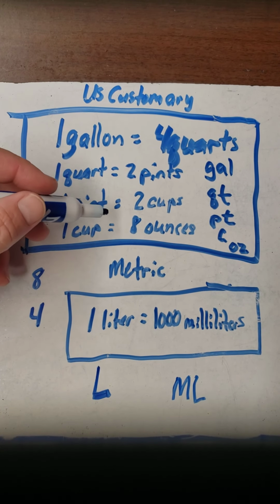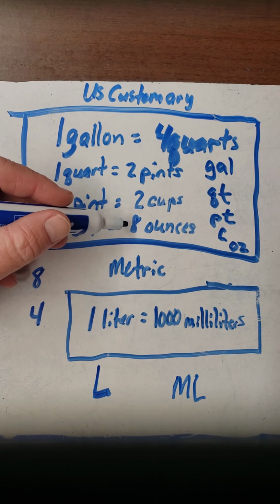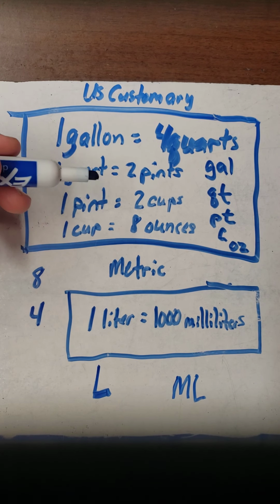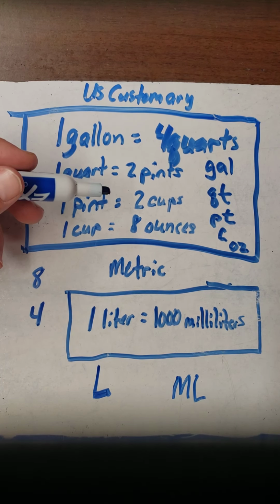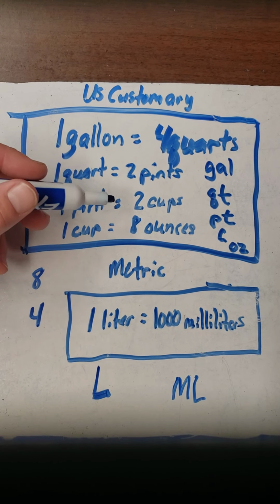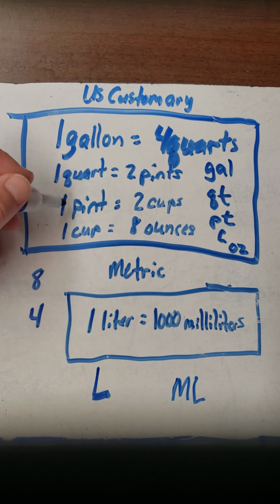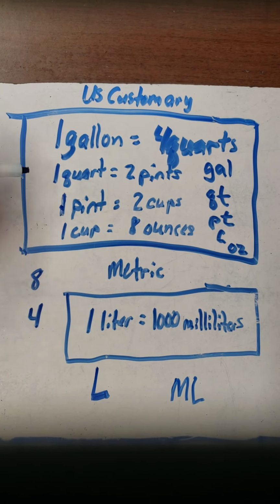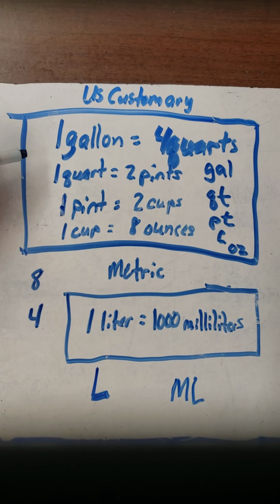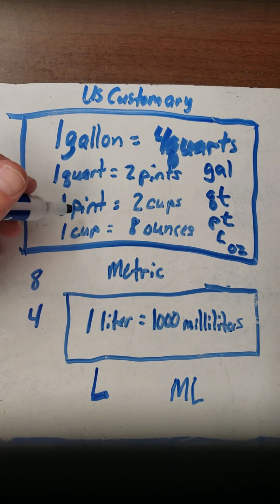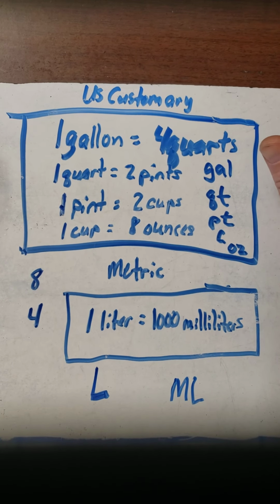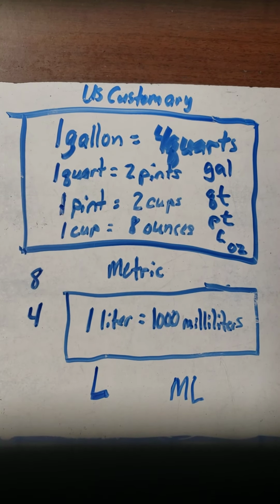Okay, and the 12 ounces would be a cup and a half. Okay, so the one that has the larger capacity is the 1 pint, because 1 pint is 16 ounces, and you're comparing it to a 12-ounce container. So the pint would hold more capacity at 16 ounces. Okay.